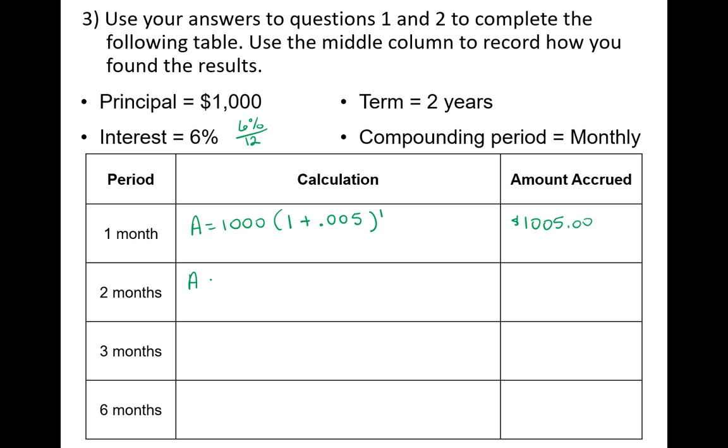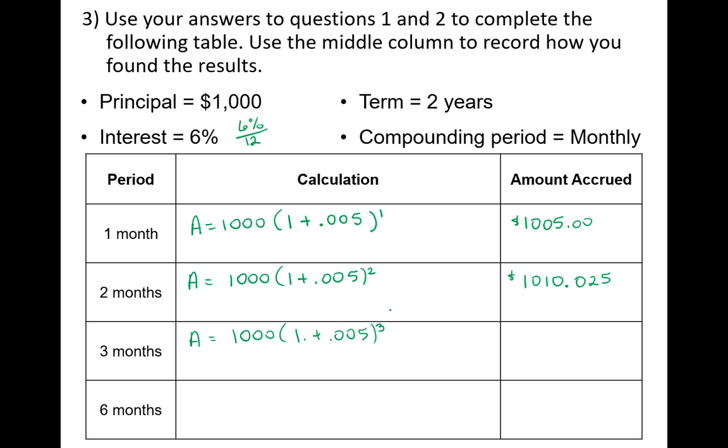If we do this for 2 months, we will end up with $1,010.025. I'm not going to round. The bank doesn't really round till the very end. Notice instead of just getting $5 interest, we got a little bit over $5. Each time we have more compounding periods, but this is 1 plus that monthly rate.